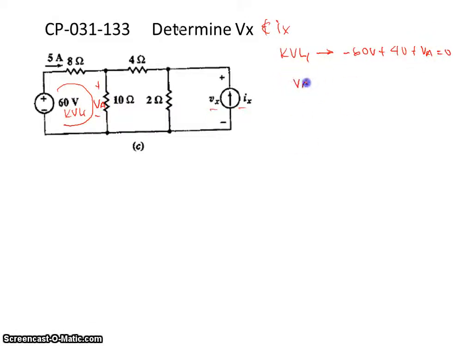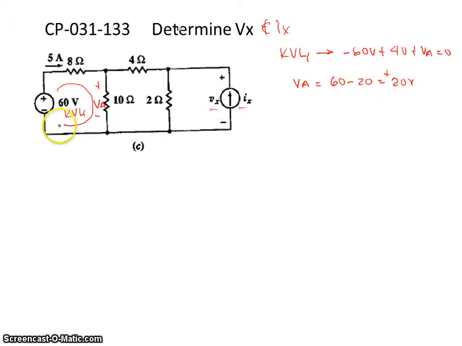So I can solve for v sub a, and v sub a is going to be equal to 60 minus 40, right? Because I keep v sub a on this side, I send this to the other side negative, and this one becomes positive. So this becomes 20 volts positive.